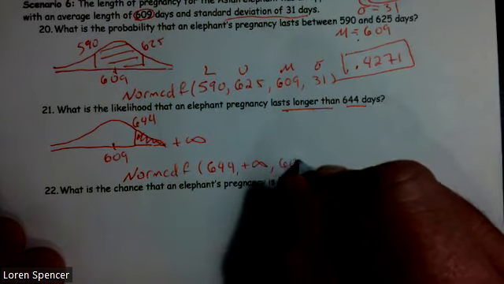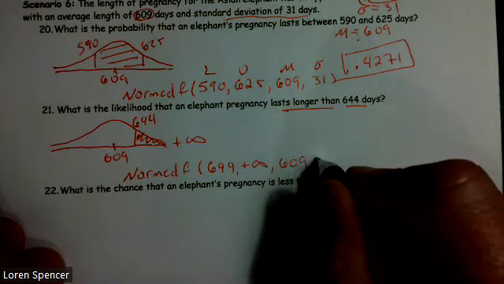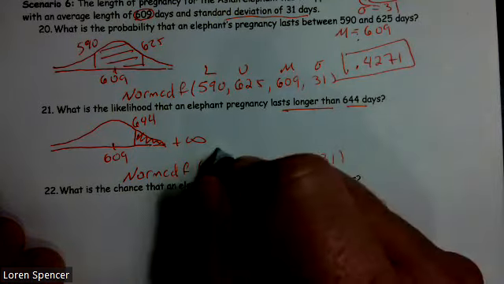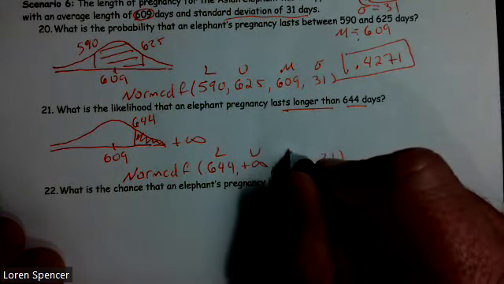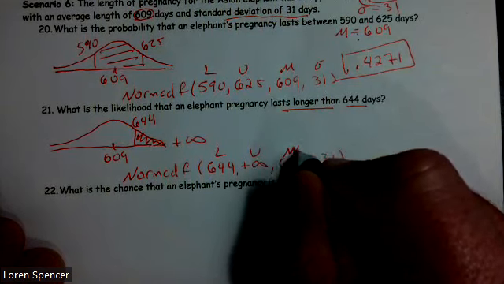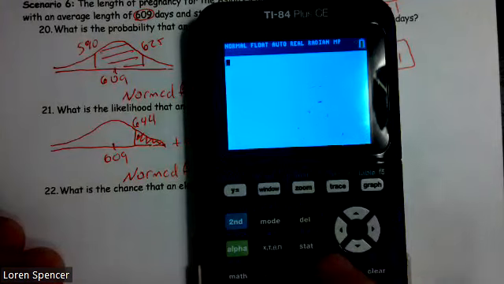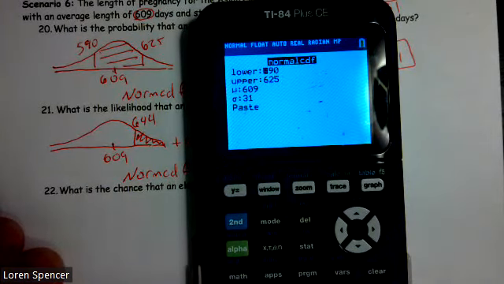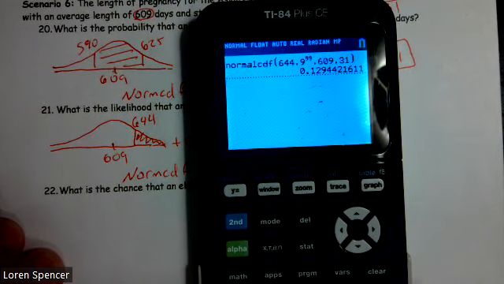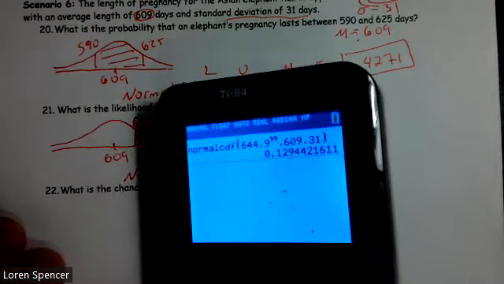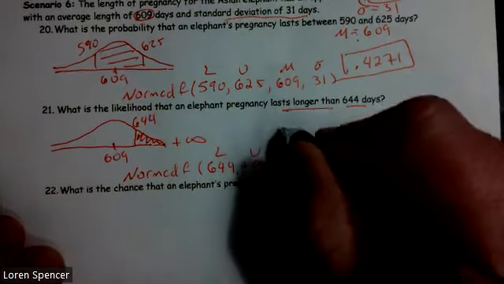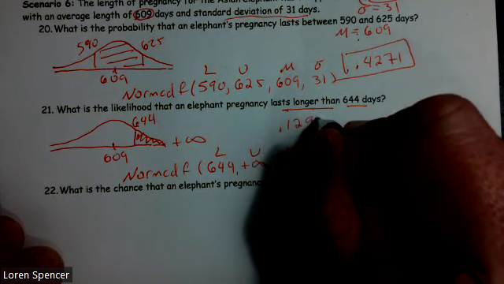Mean of 609. We're still dealing with the standard deviation of 31. They gave us that. Lower, upper, mean, and standard deviation. Second vars, norm CDF. 644 is the lower. 9, that's our infinity. And we find out that it's about 13%, so 0.1294.